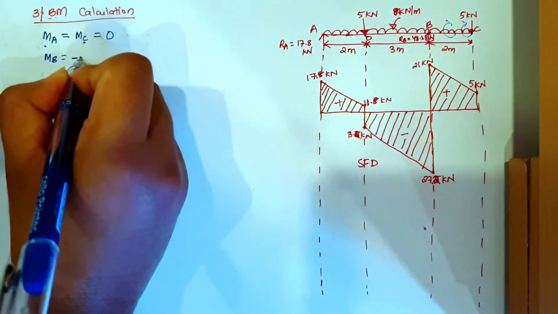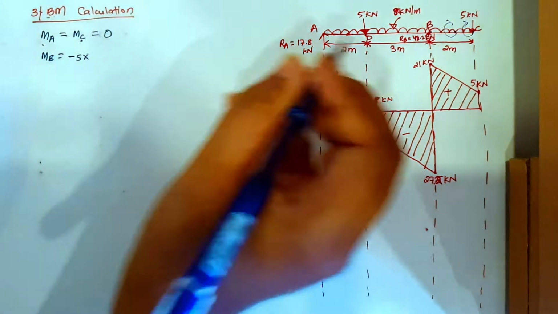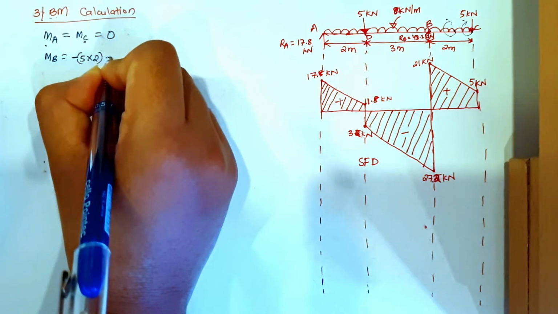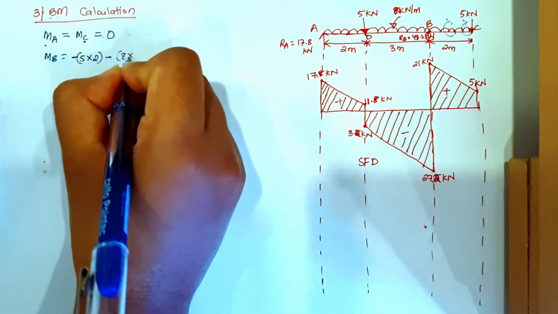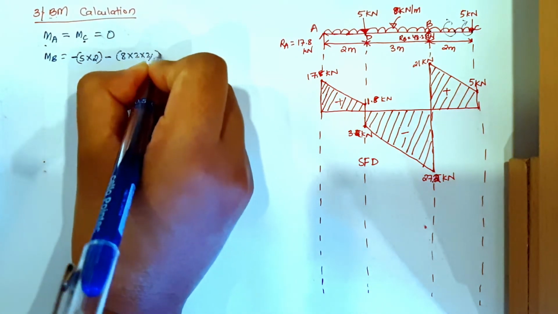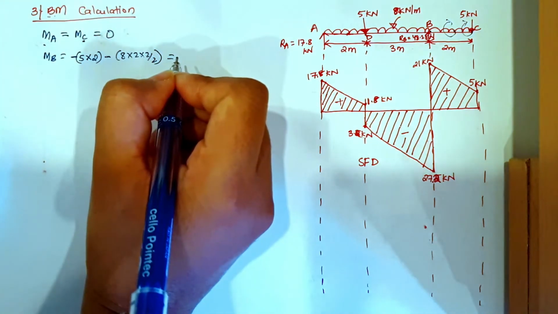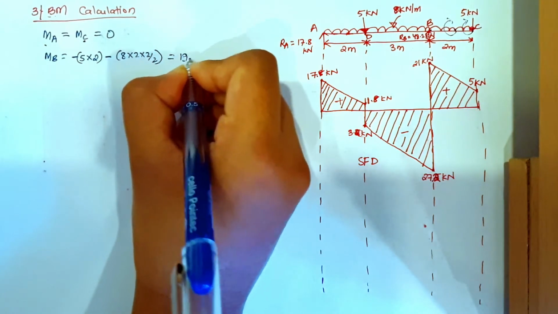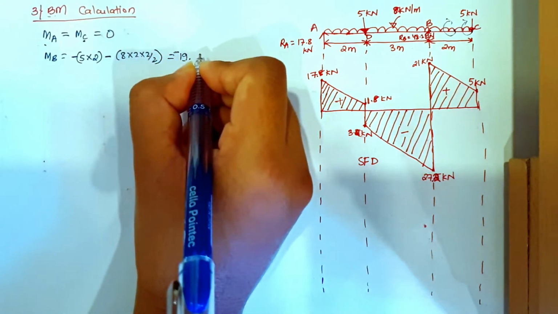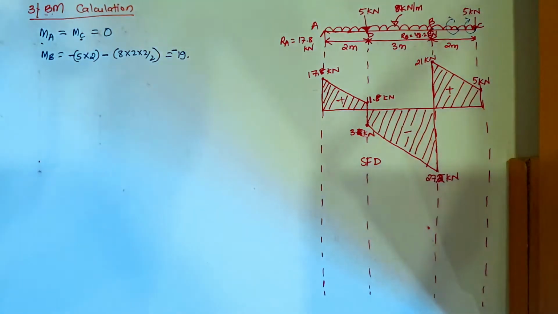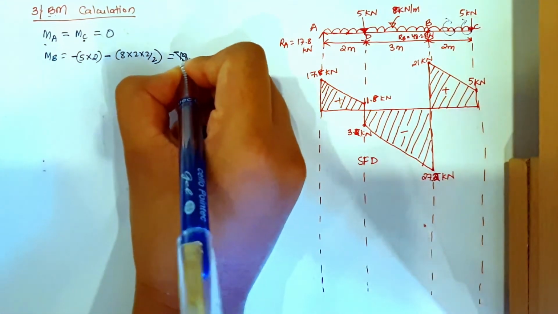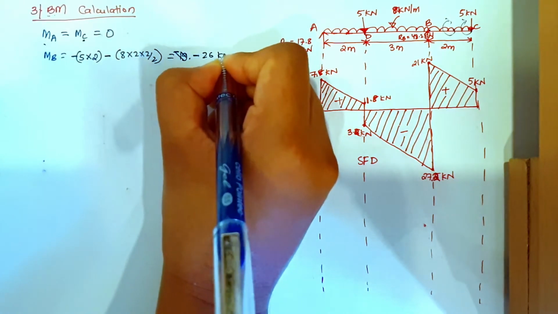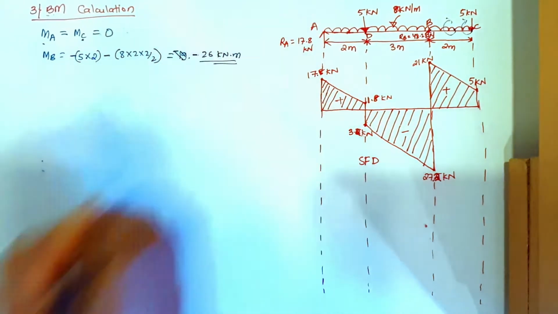So I have minus 5 into the distance from C to B, which is 2 meter, minus UDL 8 into 2 by 2. So from here you will be getting, sorry, minus 26 kilonewton meter.